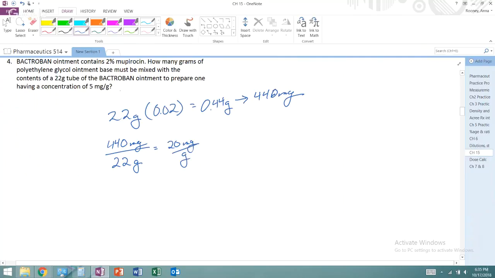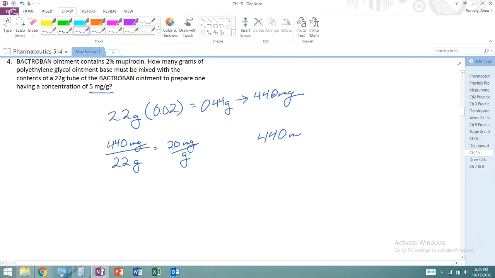So that is 4 times as large as that. So that means that to dilute it, we're going to need 1 part this and 3 parts of something else, which is the other ointment base.